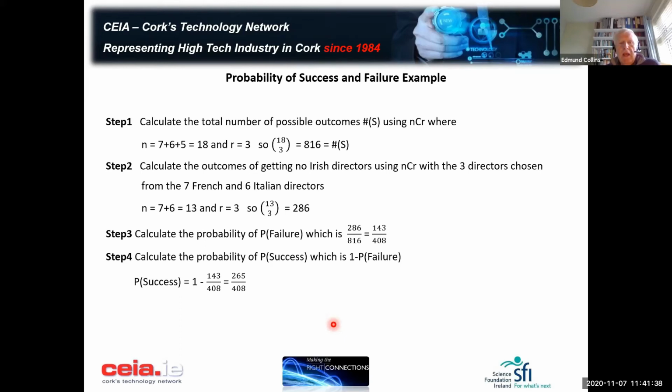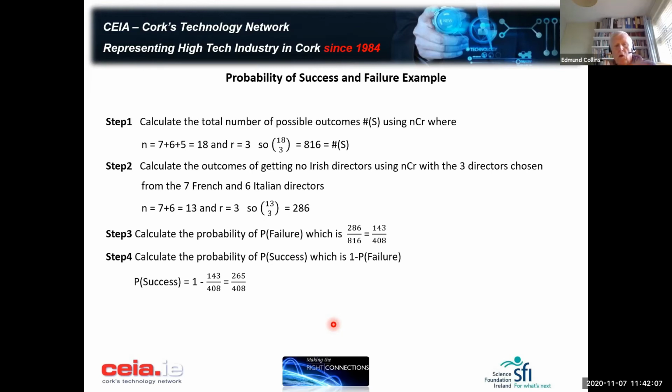So we're going to take the failure approach here. In step 2, we calculate the outcomes of getting no Irish directors using nCr with the 3 directors chosen from the 7 French and 6 Italian directors. That's important there. Now we've shrunk the sample space down.